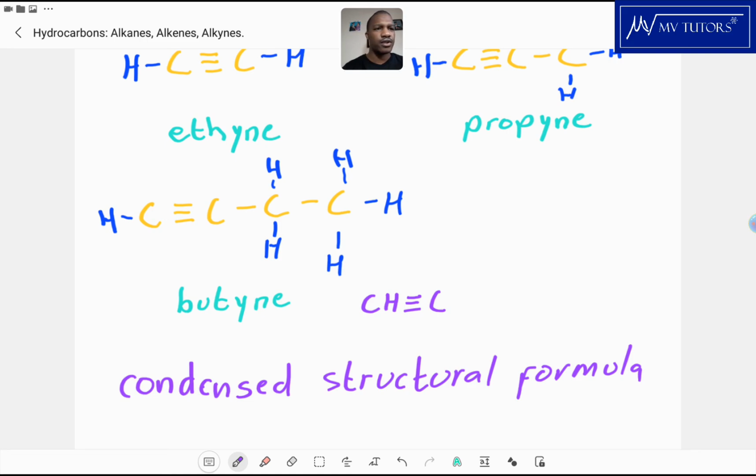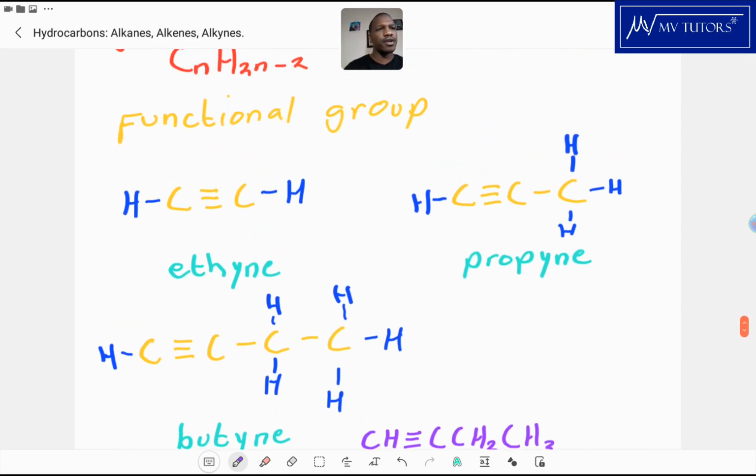And then you've got another C with two H's. And then the last C has three H's. Okay, let's do propyne. You've got one C and one H. From the left, you've got the triple bond, you've got the C. This C already has 4 bonds, so it doesn't have a hydrogen, but this last one has 3 hydrogens.